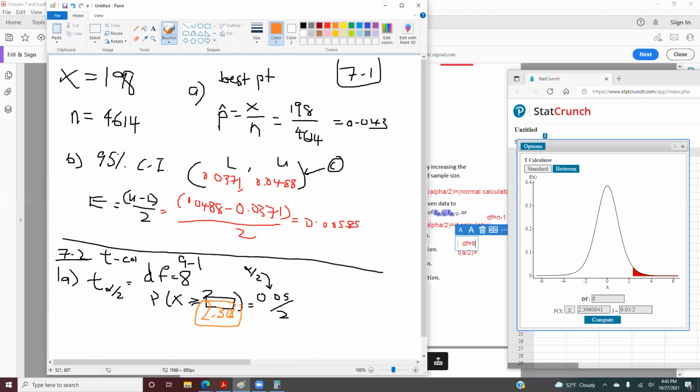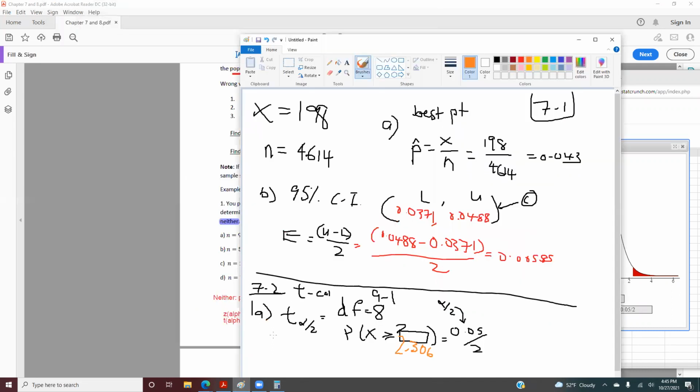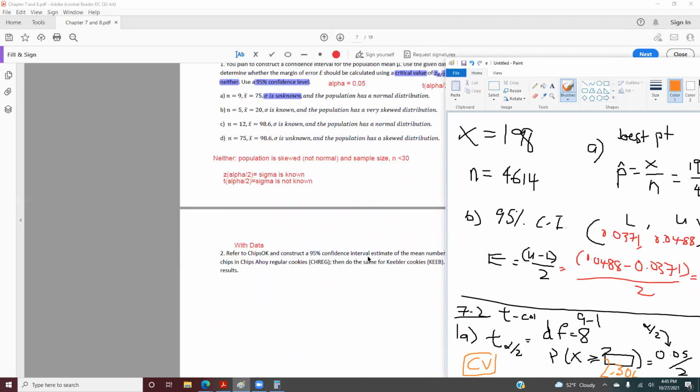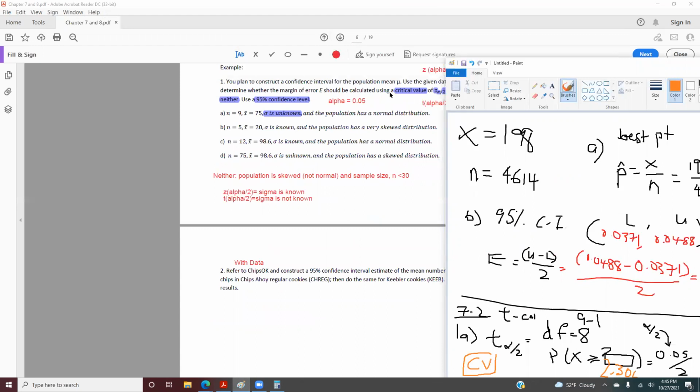You guys okay? I have a question. So in 7.1 for the confidence level, let's say it's 95%, we're always going to put 0.95, but with 7.2, we're going to do the opposite. So if it's 95%, this is finding the critical value. We are not finding the confidence interval. If a question is finding the critical value, we use 0.05.